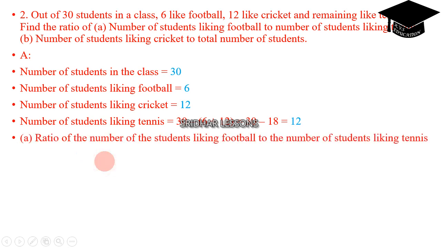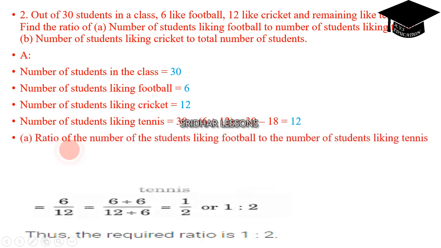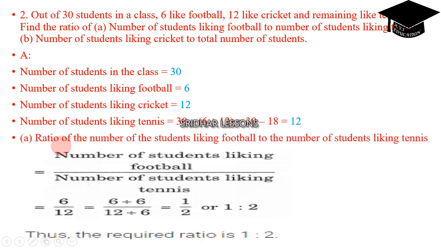Question B: the ratio of the number of students liking football to the number of students liking tennis. The number of students liking tennis, we have calculated as 12.